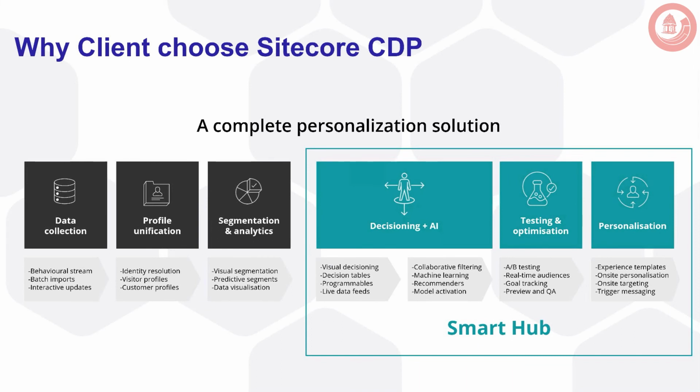Now, because Sitecore CDP has all core CDP functionalities along with decision testing, optimization and personalization, that makes it the Smart Hub and a perfect solution for the enterprise application. If you haven't had a chance to explore Sitecore CDP yet, I can show you how it looks.